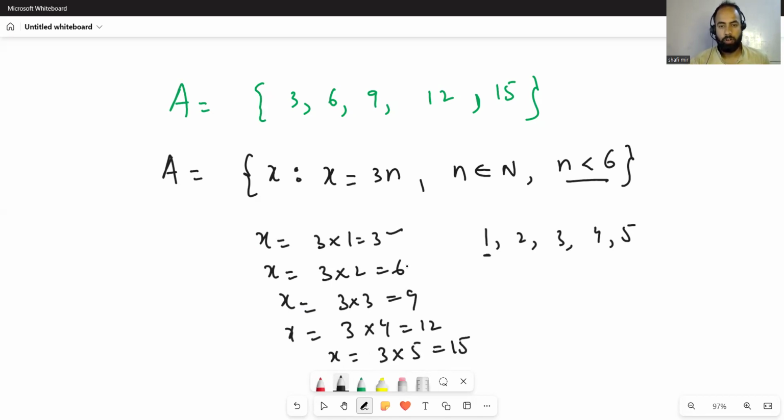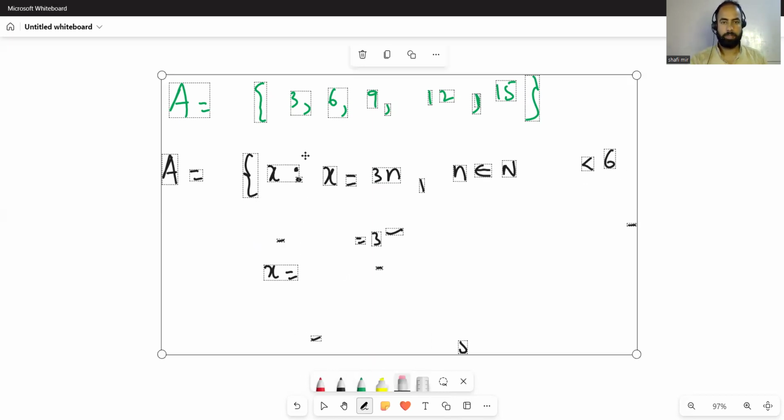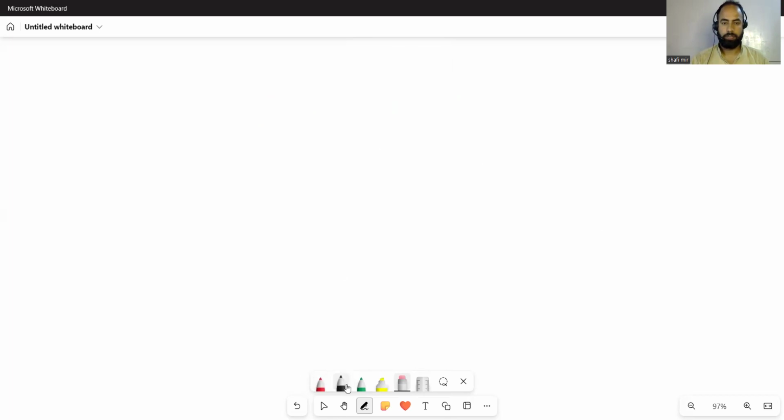Got it? So we got all the elements 3, 6, 9, 12, 15. Understood? So we have understood how we can represent a set in set builder form and in the tabular or roster form. In this way, we completed the representation of sets.